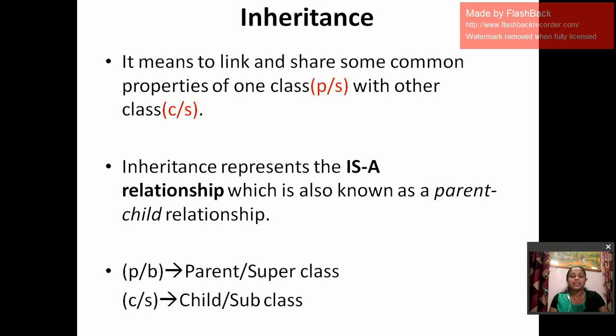That means from the parent we get some or all of the properties, and our parent got some properties from their parent. So this is like exchanging characteristics from one generation to another, but in this case it is not generations, it is classes. From one class to another class, some common properties are shared.